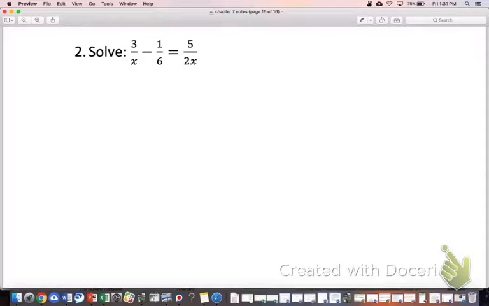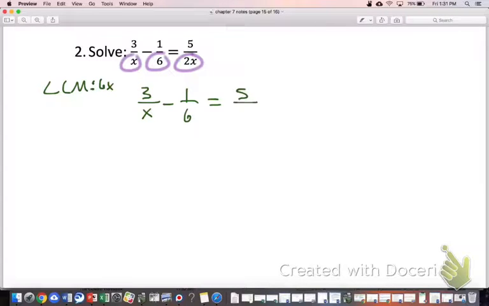The strategy is going to be the same. All your denominators are here, here, and here. What is the least common multiple of all of those? 6x is right. 6x is the least common multiple of all three of those. So what I'll do is I will multiply through by that.